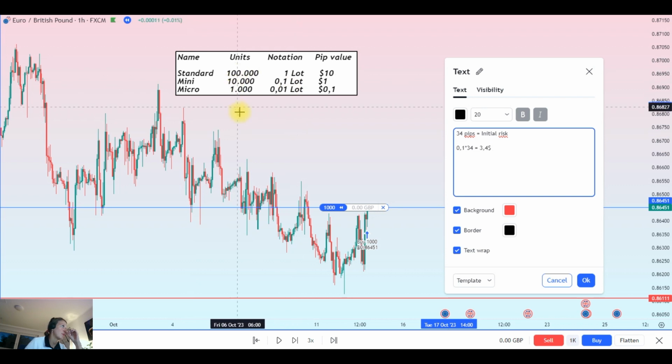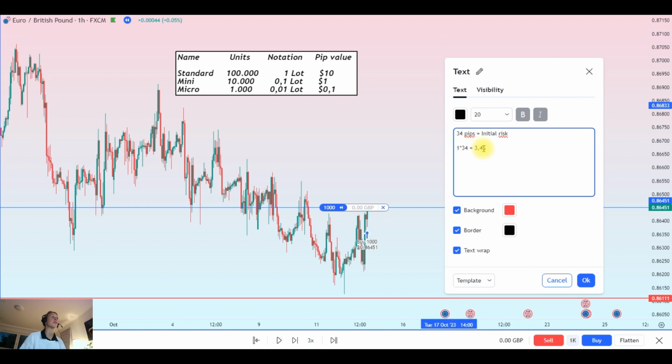So for example, if you have only $500 to trade with, this would be your trading size. But let's see for the accounts that have a bigger size, which can risk more. In case we are trading a mini, for example, we would have $1 instead of $0.1.